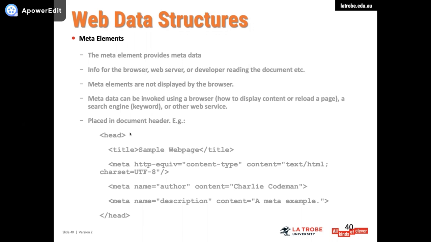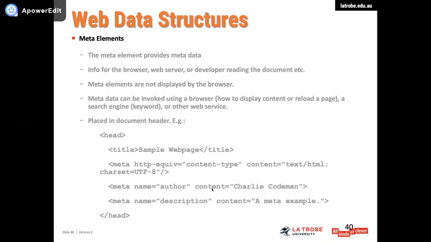For example, here is the header. After the title, we will put the meta information. For example, this property and the value of this property, and also the meta name, like the author of this website, and content. So this won't be shown in the browser.